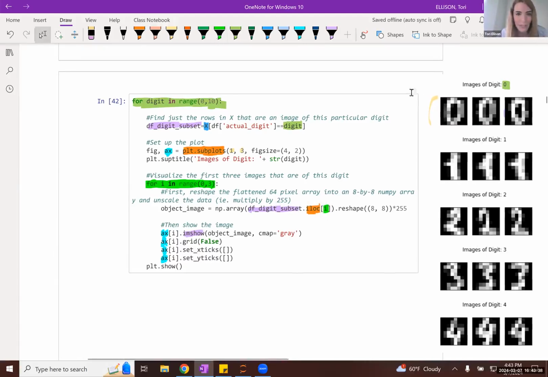So I'm going to take this 64 dimensional array that corresponds to the first row in this data frame, and put that into a NumPy array. The more important thing is I'm going to take that 1 by 64 array and reshape it into an 8 by 8 matrix. In other words, I'm going to put it back into my 8 by 8 pixelated grid format, if you will. And then I'm going to unscale those pixel values by multiplying by 255.